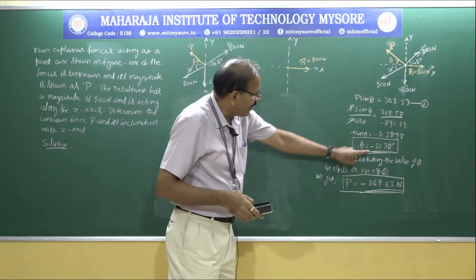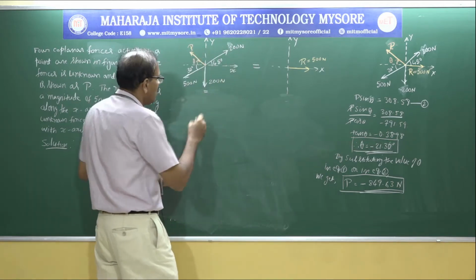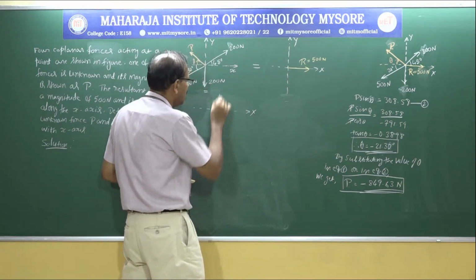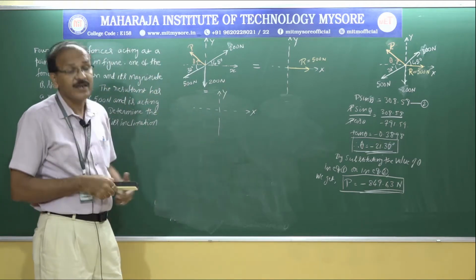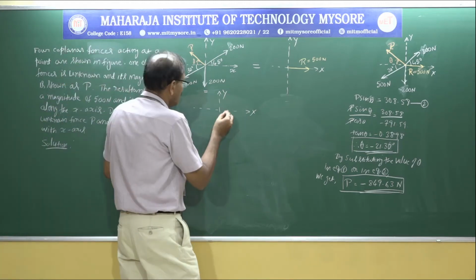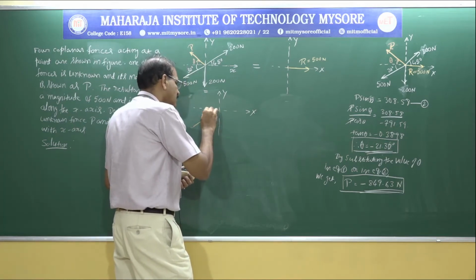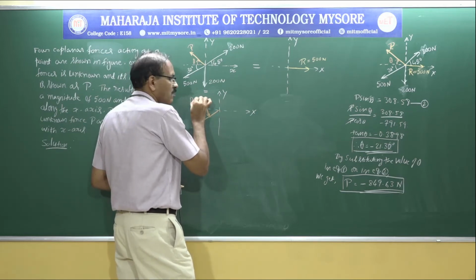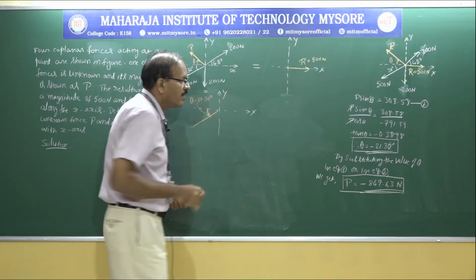Because we got this value as negative, instead of measuring in the clockwise sense, I am going to measure in the anti-clockwise sense, because I got the value as negative. So theta is 21.30 degrees.